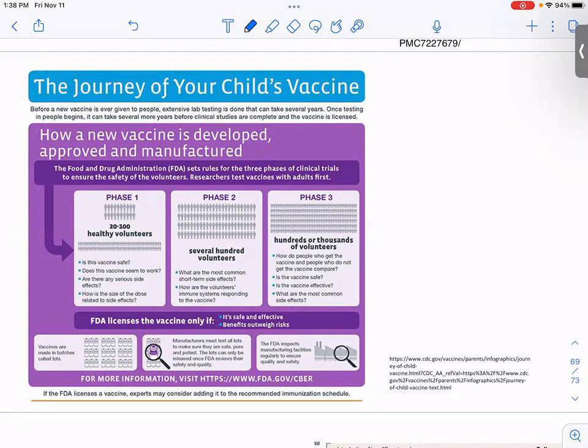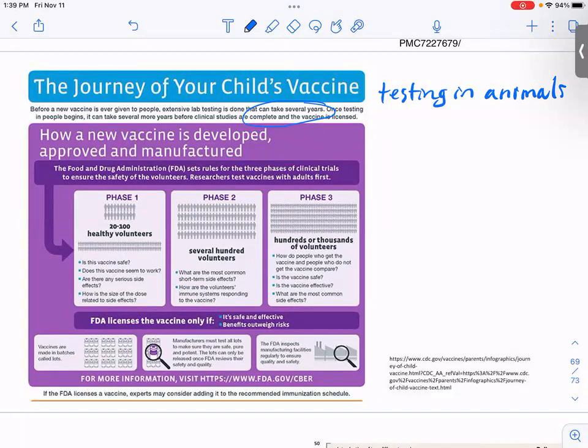Even before we start phases of clinical trials, we do a lot of testing in animals with a vaccine that's made. Sometimes we don't have a good animal model for the infection, but at least we can see if the vaccine has any adverse effects in the animals.